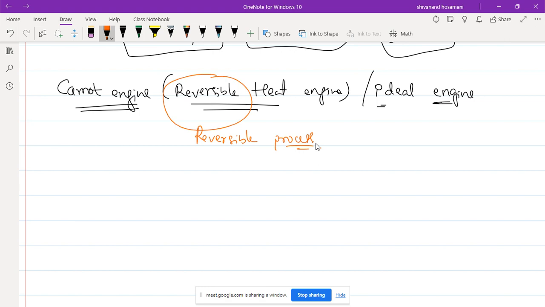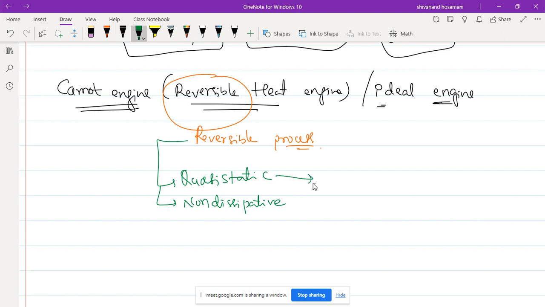So we can define a reversible process; two things come under it. A process is said to be reversible if it is quasi-static and non-dissipative. So two types come under a reversible process: one is quasi-static, another is the non-dissipative process.